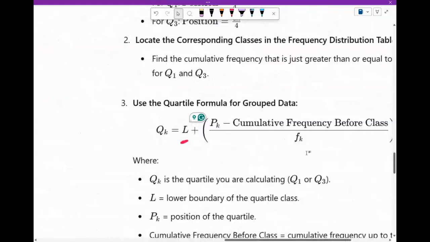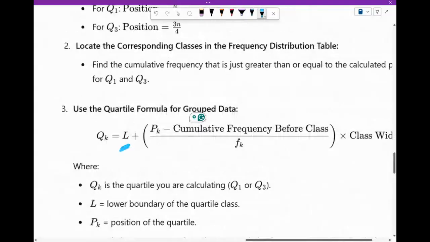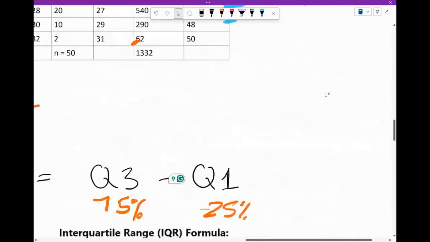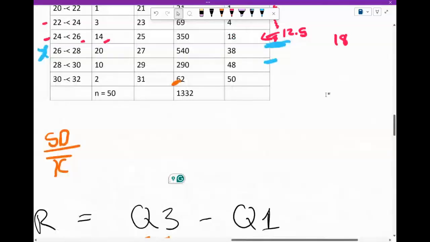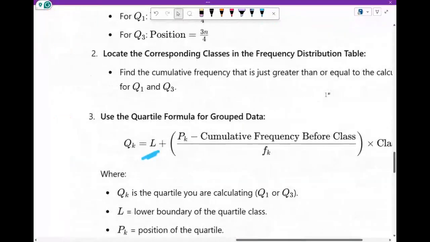The lower bound, we established the class that we were looking at, and it was the very next one, 26 to 28. So the lower bound is 26. So here at L, you're going to have 26.